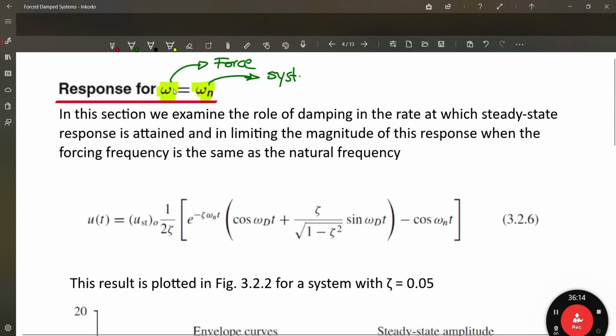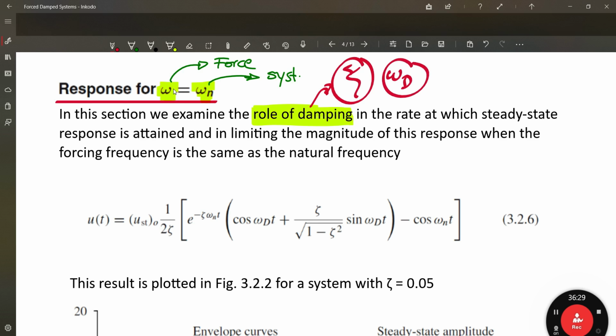Okay, so in this section, we're going to examine the role of damping. That's an important issue. What is the role of damping? Because we have damping here, we have the damping ratio, right? And we have omega d as well. These are two different factors if we compare with the undamped system.